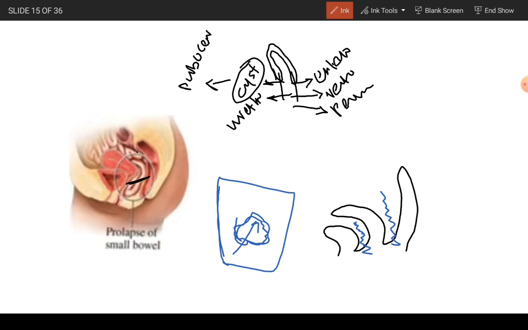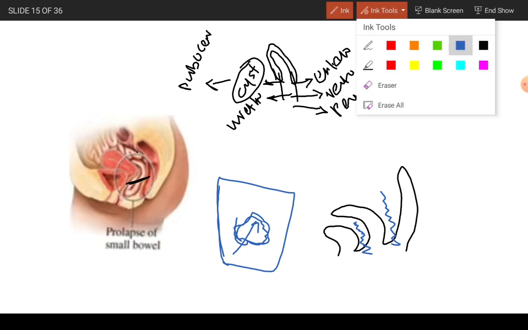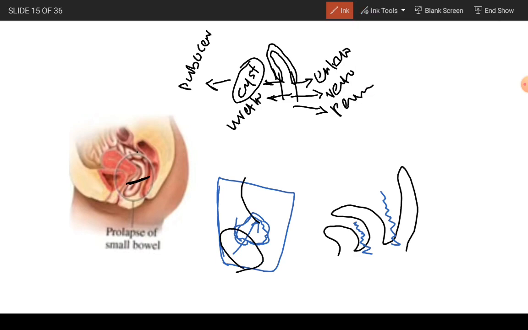Imagine this is the pubocervical fascia. You have the bladder here, you have the uterus behind. If there is a defect, the bladder will protrude into this. That is cystocele, a defect in the pubocervical fascia. Like the rectovaginal fascia, if there is a defect, the rectum will protrude like this. That is rectocele.